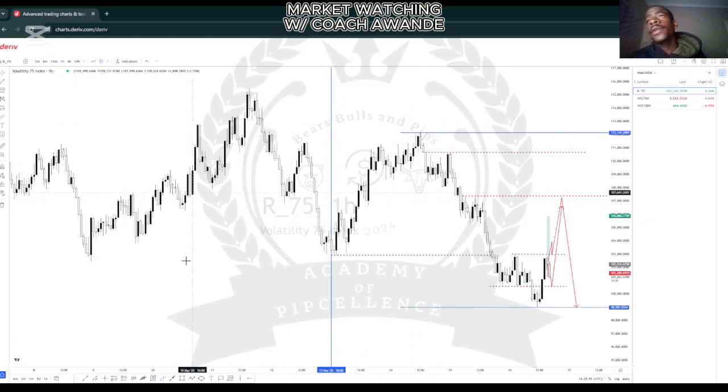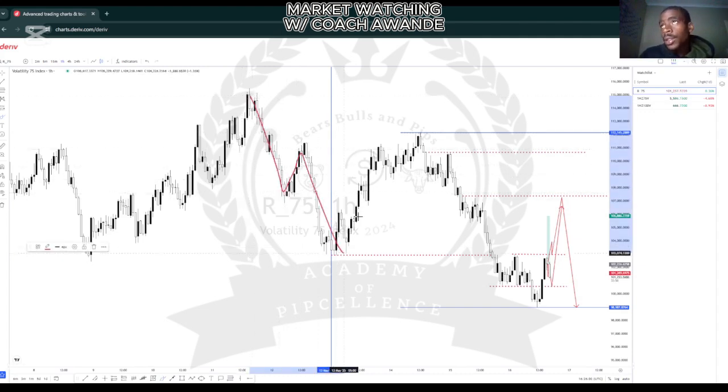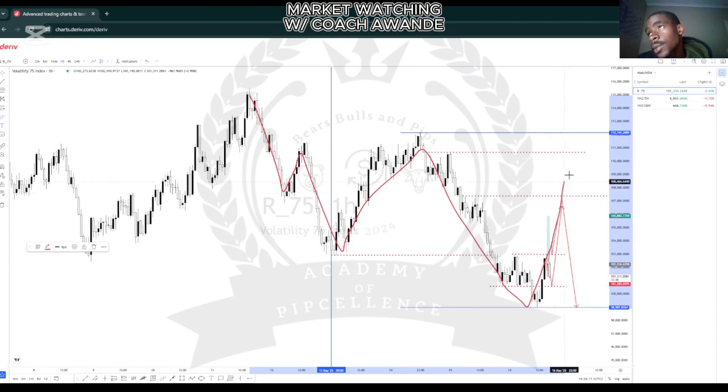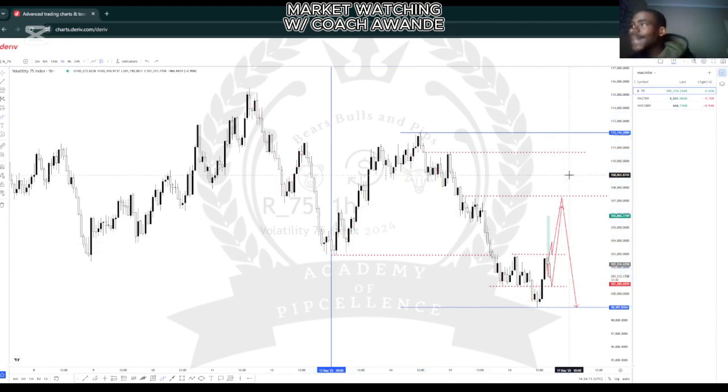On the 1-hour time frame, that expansion and retracement is a lot clearer, because now you can see expansion, retracement, expansion, retracement, and then expansion, and then this was technically supposed to be a significant retracement to the upside, but clearly it was not.